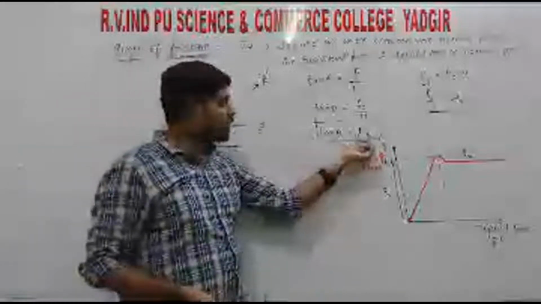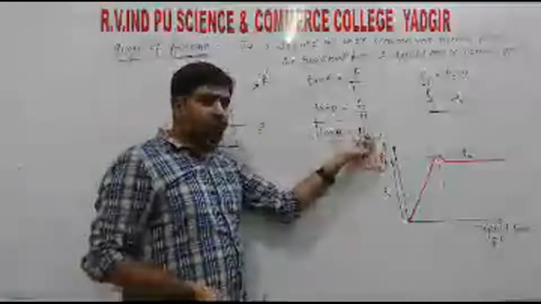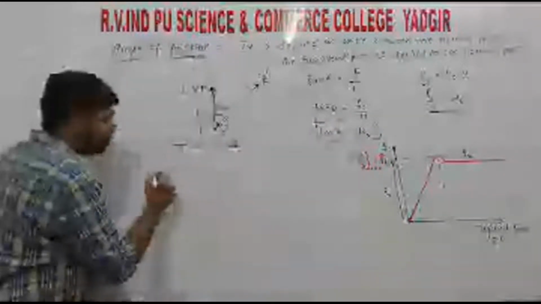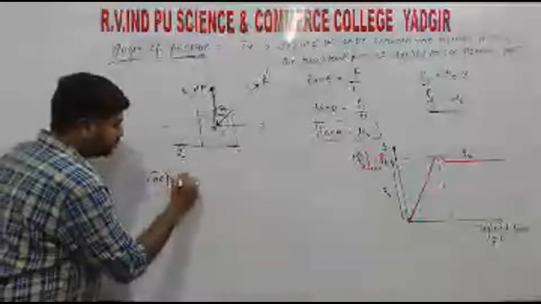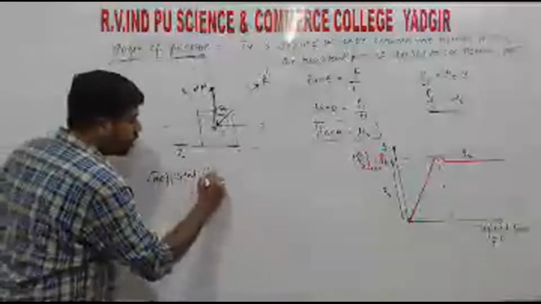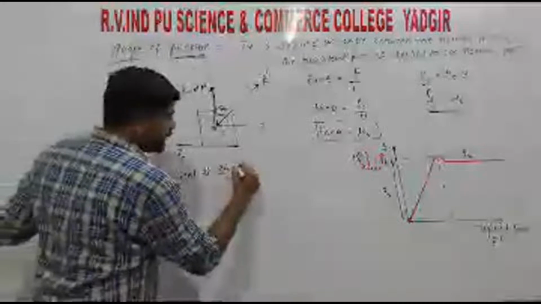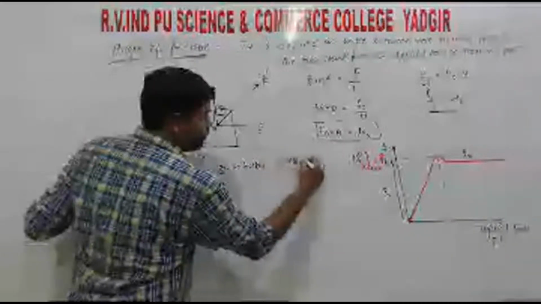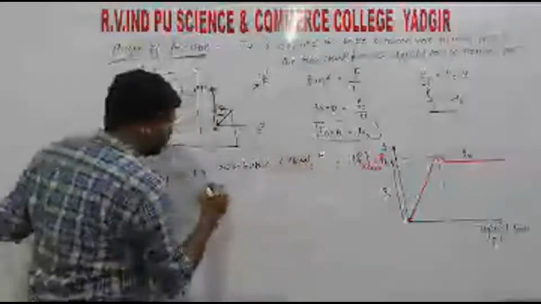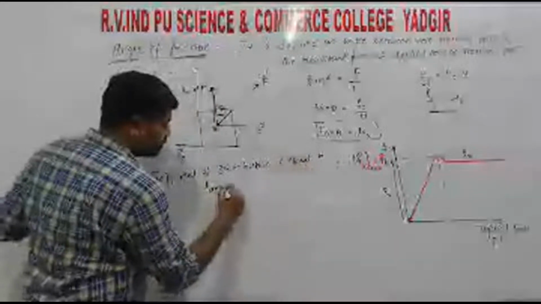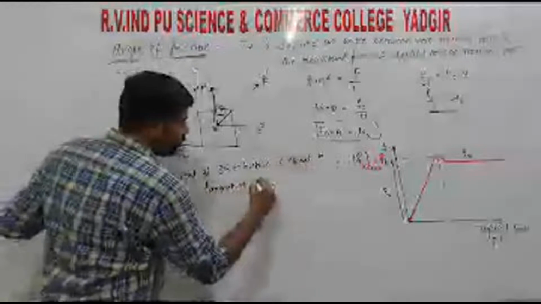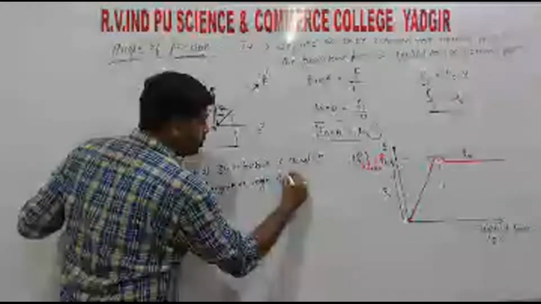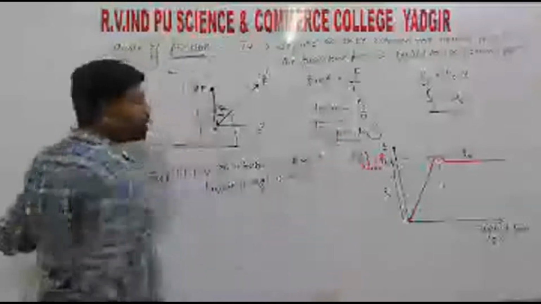So the coefficient of static friction we can also define in terms of the angle of friction, that is, the coefficient of static friction is equal to the tangent of the angle of friction. So this is also one more important relation.